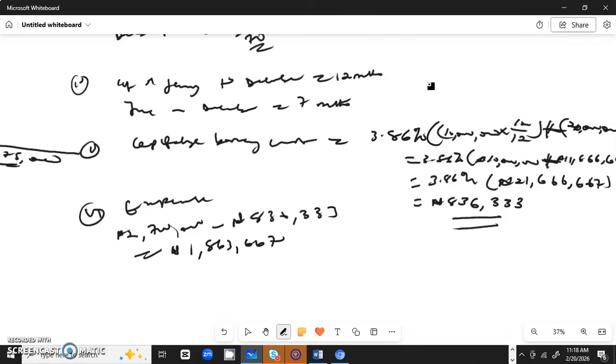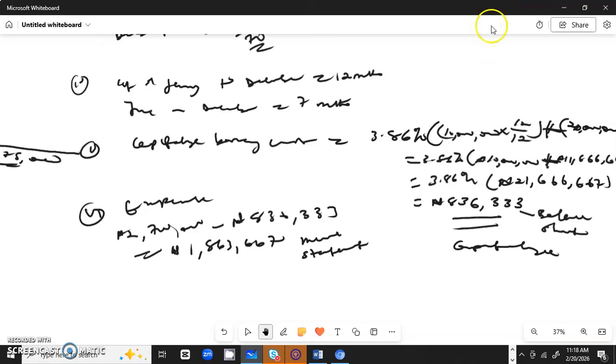So this will go to the expenses on the income statement, and this will go to the balance sheet, or statement of financial position. Capitalize, that is, we're going to recognize it in the assets.